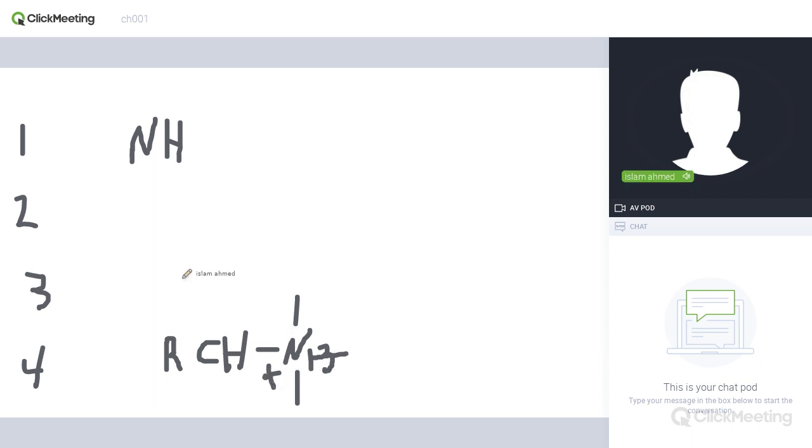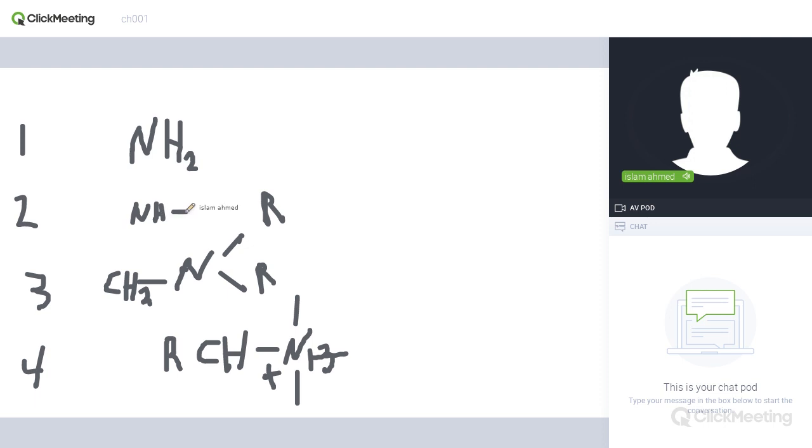Okay, the other, this is the quaternary. The tertiary will be N with R, R, CH2. This is the quaternary, tertiary. The secondary, here we have H and R.